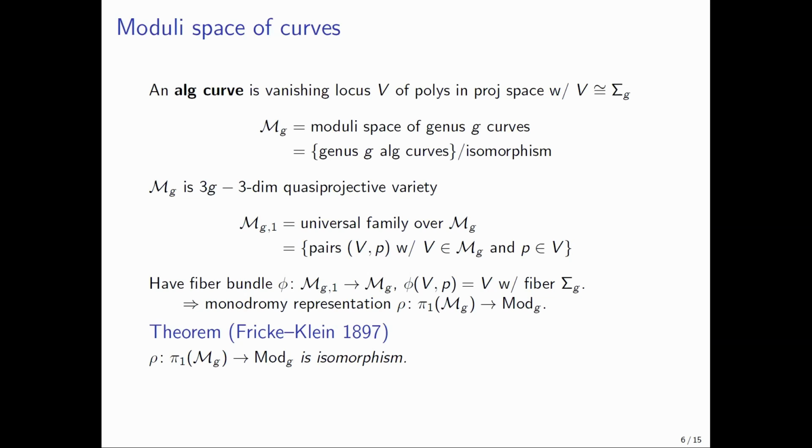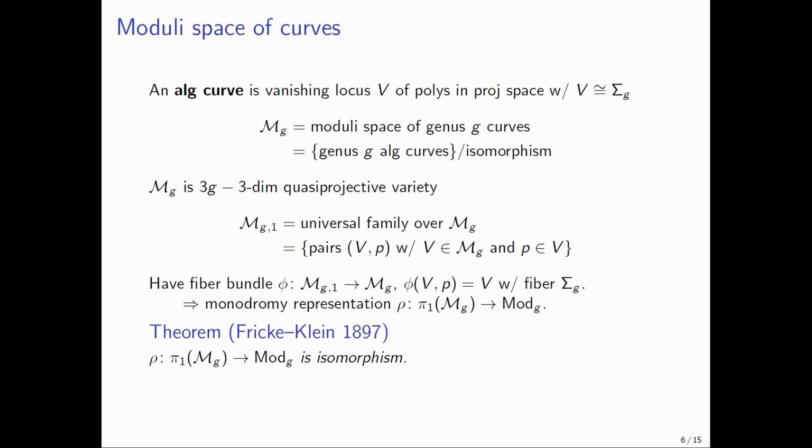In the land of stacks, it's actually smooth. There's no issue with singularities, because the singularities are reflecting curves with automorphisms. And if you record those automorphisms, the singularities disappear. And then it has a fundamental group in the category of stacks, and that fundamental group is the mapping class group. And you might complain that Fricke and Klein in 1897 did not know what a stack was.